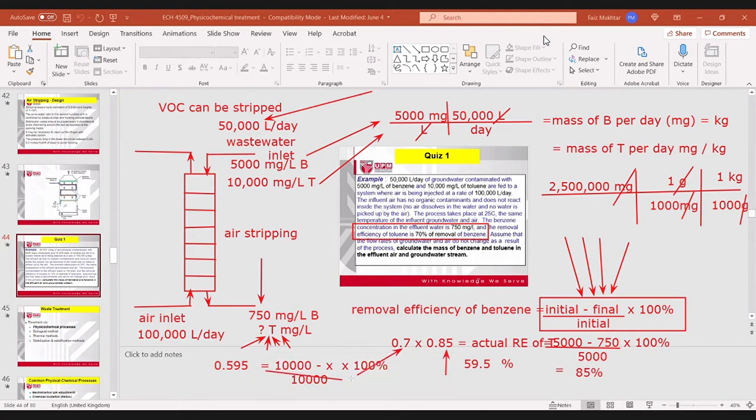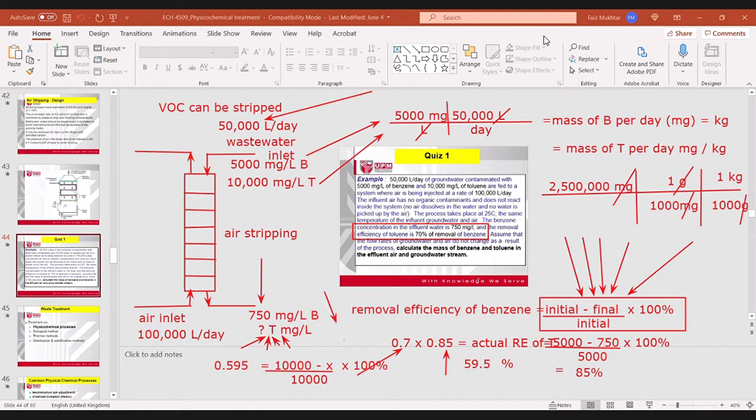There you go. So this is how you calculate the concentration of toluene at the effluent wastewater. You use back this formula, initial minus final over initial times 100%.